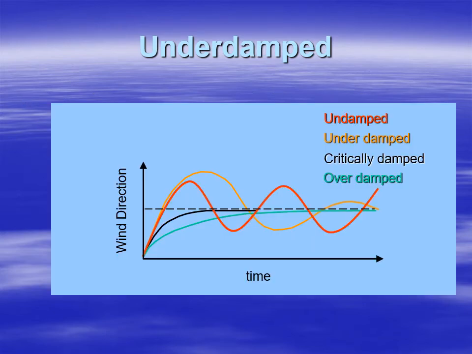And this is the orange line, and you can see the orange line initially looks similar to the undamped, where it overshoots, but then it comes back and eventually does get smaller and smaller oscillations until, after a period of time, it settles down to the true direction of the wind.